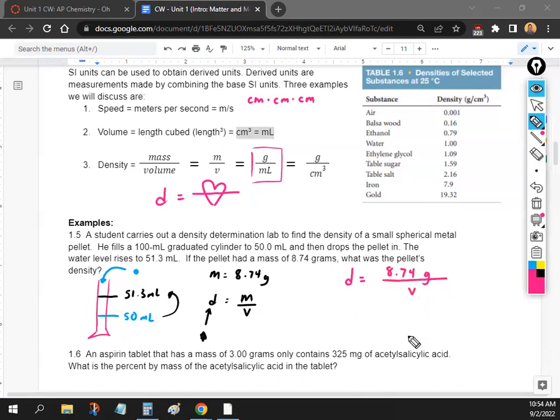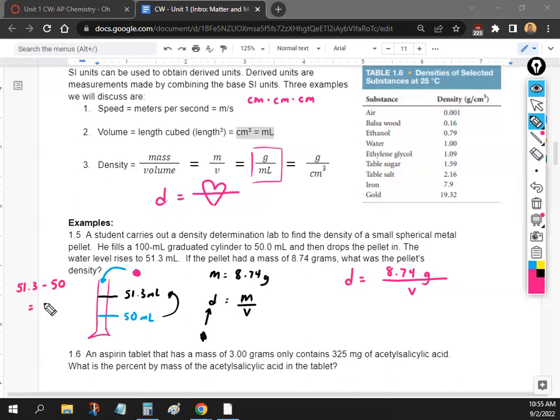Now, the problem doesn't tell us the volume right away, right? But we do have a way to find volume. It says that you started at 50 milliliters, and once you put the pellet in, the volume goes up to 51.3. That means that the pellet has a volume of whatever that difference is. And if we're looking for the difference between the two, we just do 51.3 minus 50.